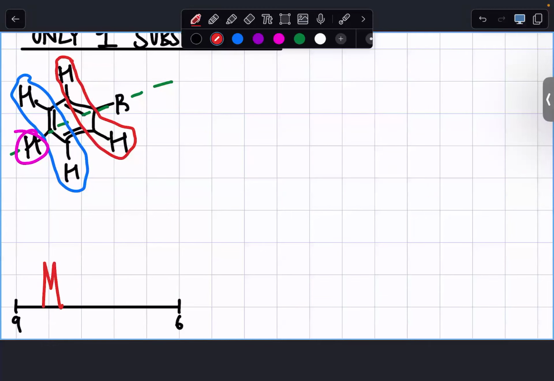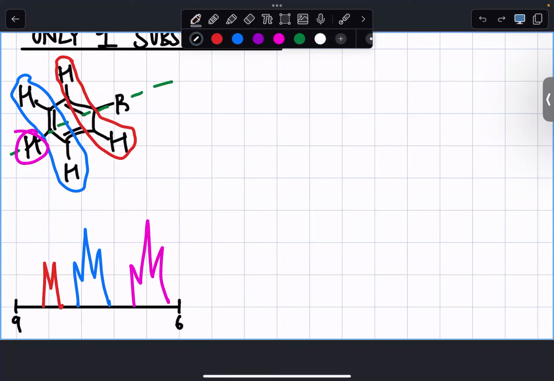How about the blue one? What would the blue one show up as? Yeah, triplet, because this blue hydrogen here has 2 neighbors. 2 plus 1, 3, triplet. Pink one, triplet as well, because 2 neighbors here. The red peak has 2, blue peak has 2, the pink has 1. So 2 plus 2 plus 1 is 5.